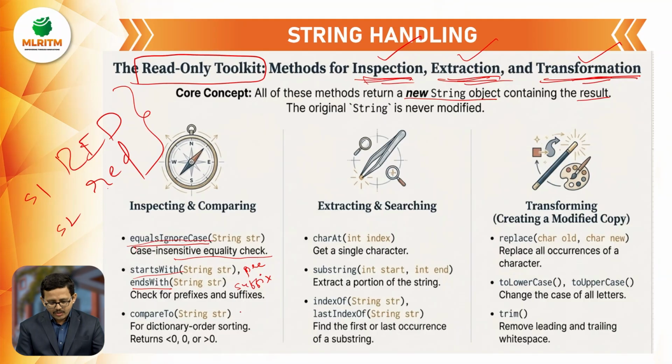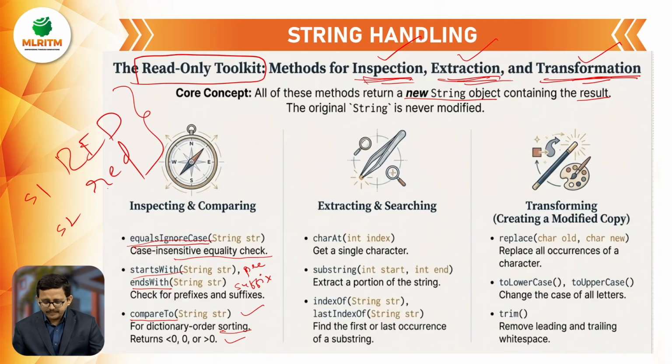Now compareTo string, for dictionary order sorting, returns less than 0, 0 or greater than 0. So this is your compareTo operator. What is dictionary order sorting? Obviously alphabetical order. In that we are going to get either less than 0, 0 or greater than 0.